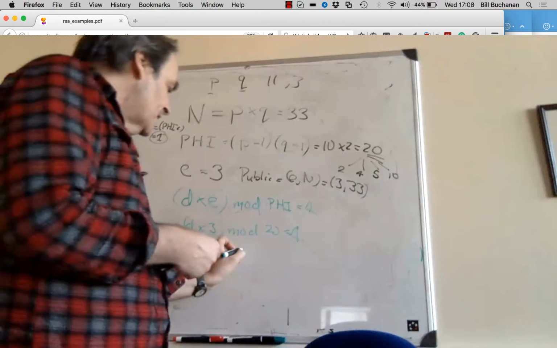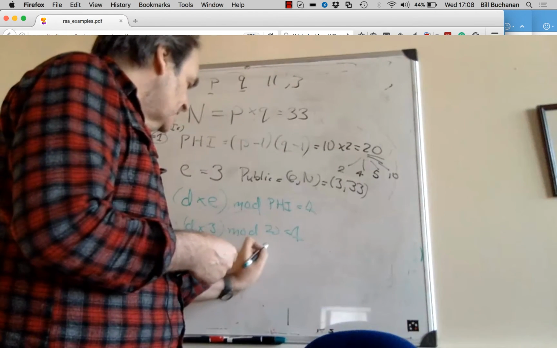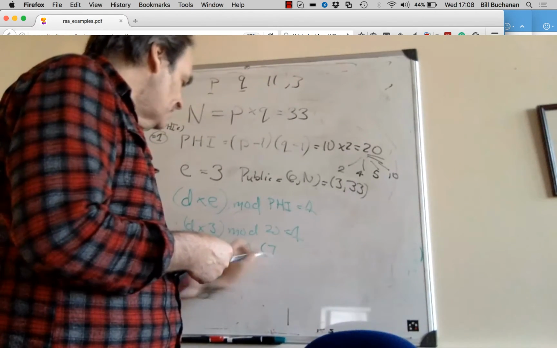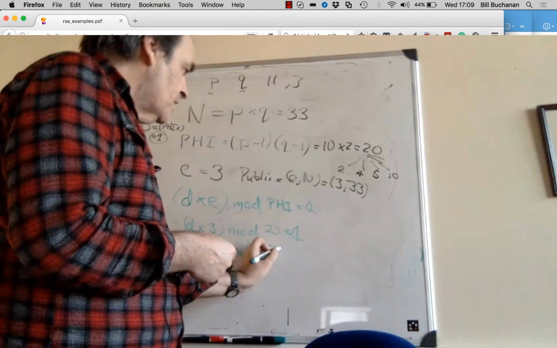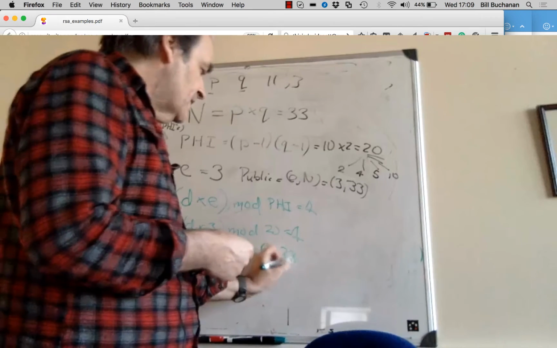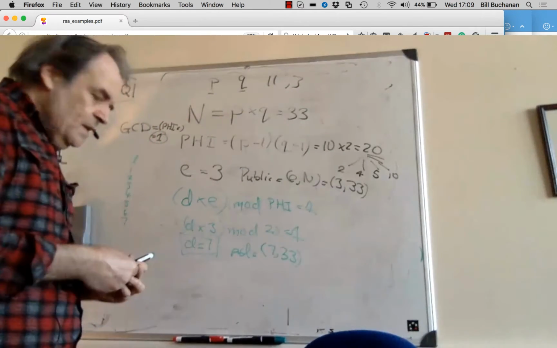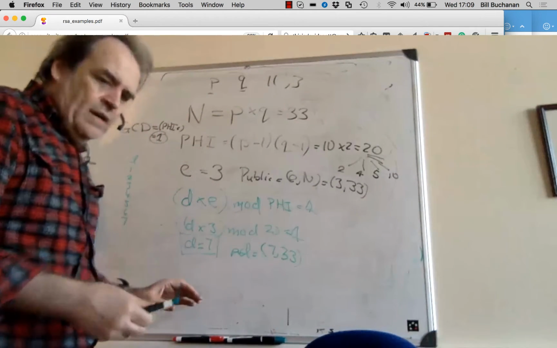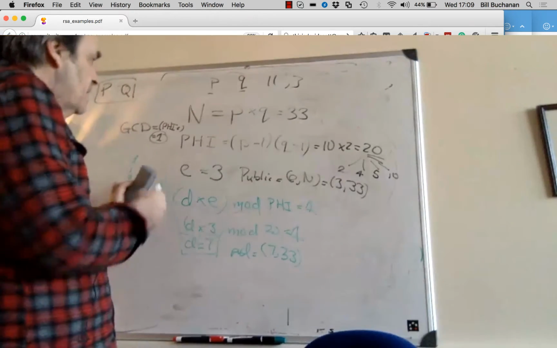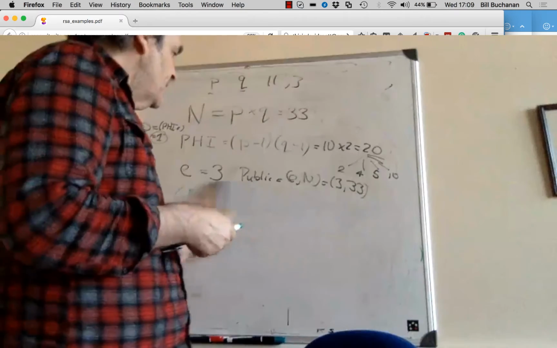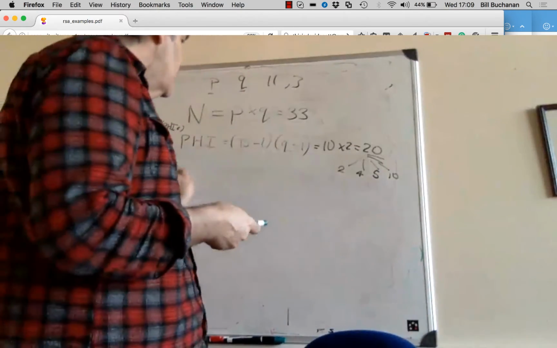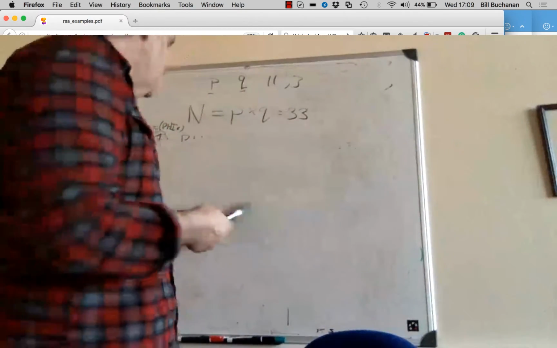So we now have our decryption key. Our decryption key is 7. Our private key is 7 comma 33. So that gives us our keys. If we just recap, we've calculated our keys.